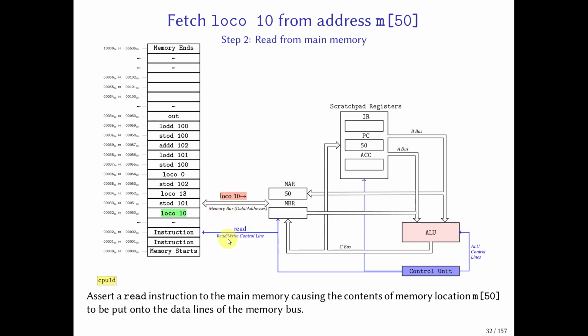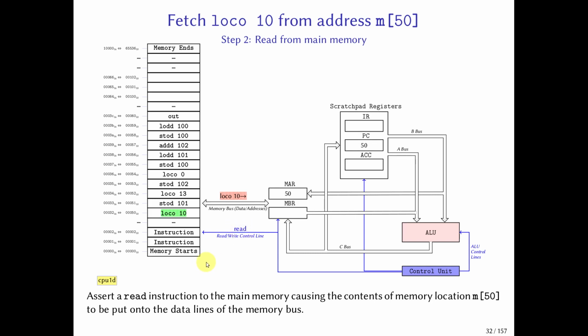And you can see that down here the control unit of the CPU sends a read signal to the circuitry of the main memory, and the circuitry of the main memory says, okay, I have to provide the contents of cell address 50. The operation I've been instructed to carry out by the control unit of the CPU is a read operation, and that's exactly what the circuitry does.